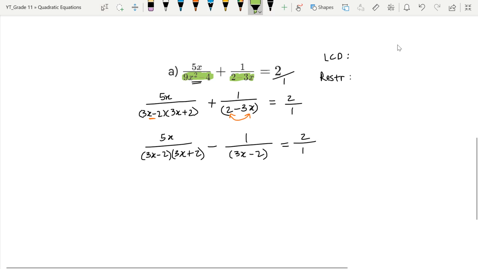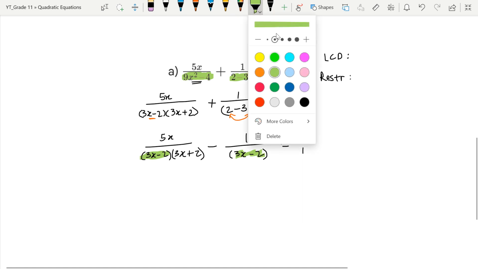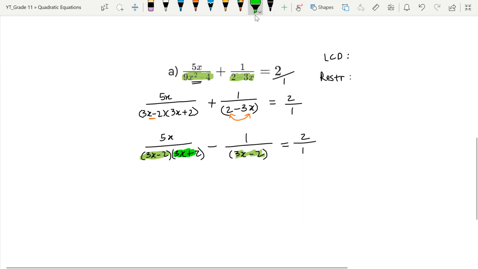Okay, now we've got our LCD. We've got those brackets that are the same, and then we've got that other bracket of 3x plus 2. Okay, and there we've got our LCD. So we're going to make that the lowest common denominator. So it will be 3x minus 2 and 3x plus 2. And let's just quickly write down those restrictions.